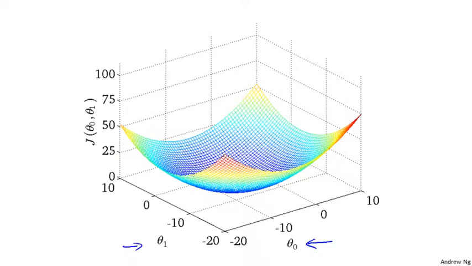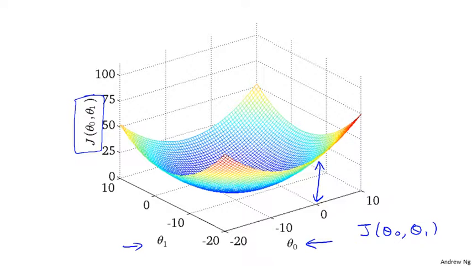As you vary theta 0 and theta 1, the two parameters, you get different values of the cost function J of theta 0, theta 1. And the height of this surface above a particular point of theta 0, theta 1, that's the vertical axis, indicates the value of J of theta 0, theta 1. And you can see it has this bow-like shape.